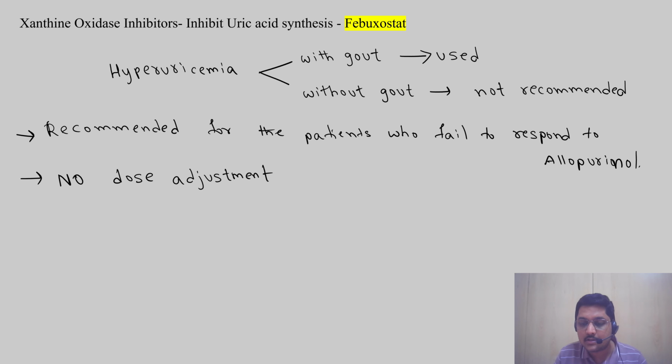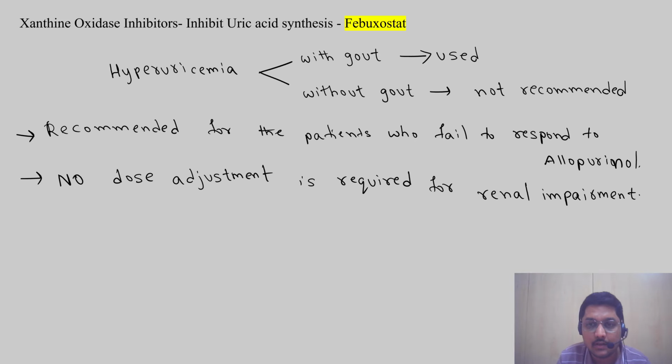No dose adjustment is required for renal impairment. Okay, so this is how we think of whether to use febuxostat or allopurinol. When allopurinol does not work, go for febuxostat.